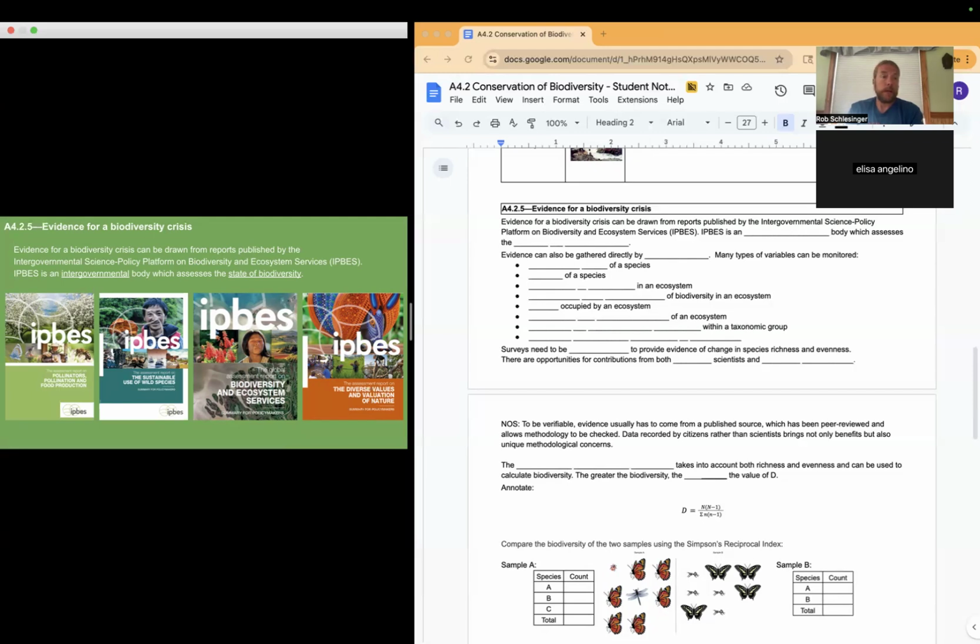The Intergovernmental Science Policy Platform on Biodiversity and Ecosystem Services, or IPBES, is the biggest one. And as your notes ask, it's an intergovernmental body, so that means it isn't affiliated with the US, it's not affiliated with China, it's not affiliated with any one government, it works between the governments.